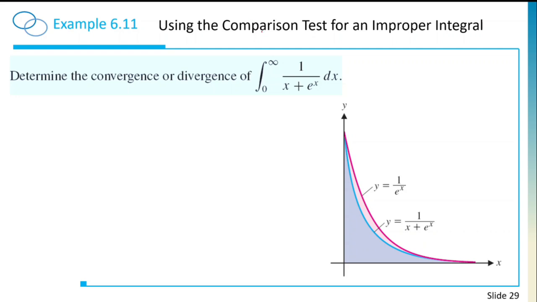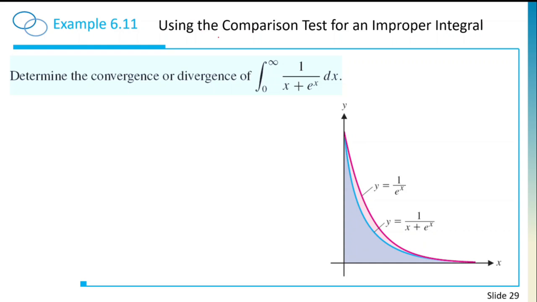It doesn't tell me what it converges to. This is one thing you need to keep in mind. It's unlike before, when the questions asked us to find that it converges to 1, or converges to 2, or whatever. For the comparison test, it only lets me know if it's divergent or if it's convergent, that's all. I don't know what it's convergent to.